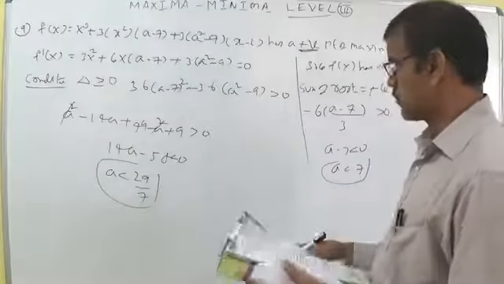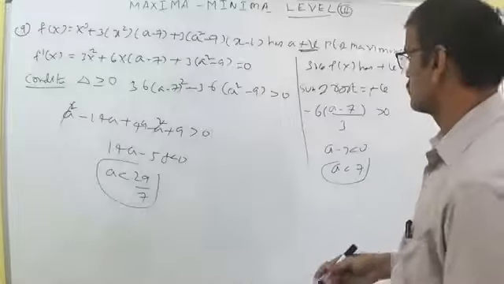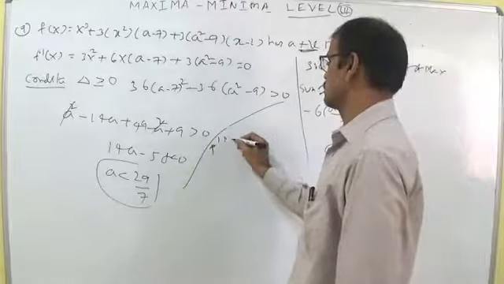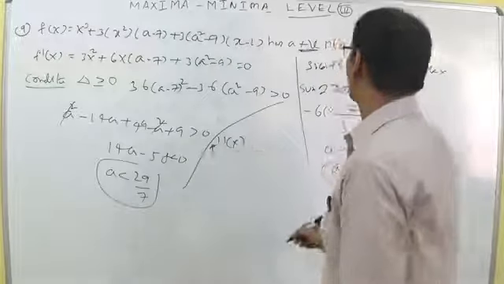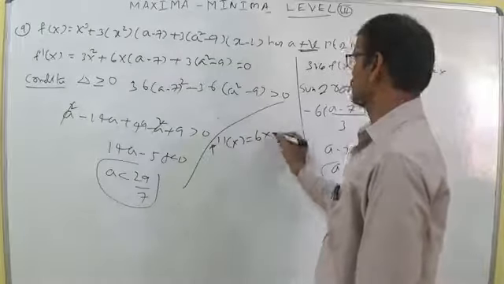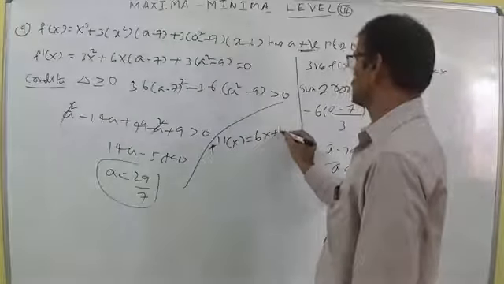Next, let us discuss the function. If we calculate the second derivative, f double dash x is equal to 6x plus 6 into a minus 7.